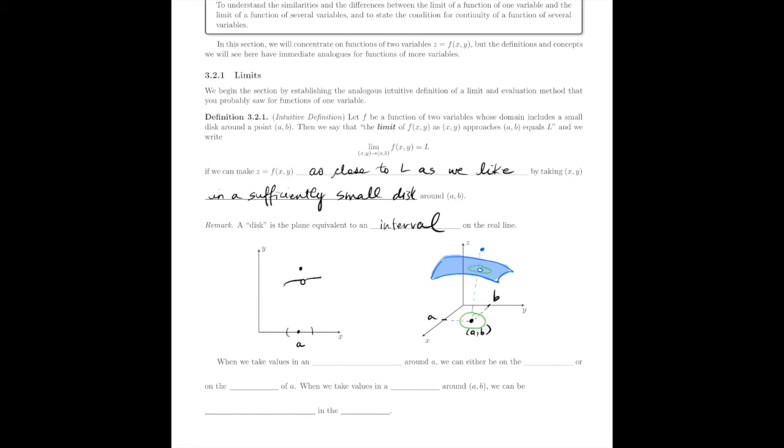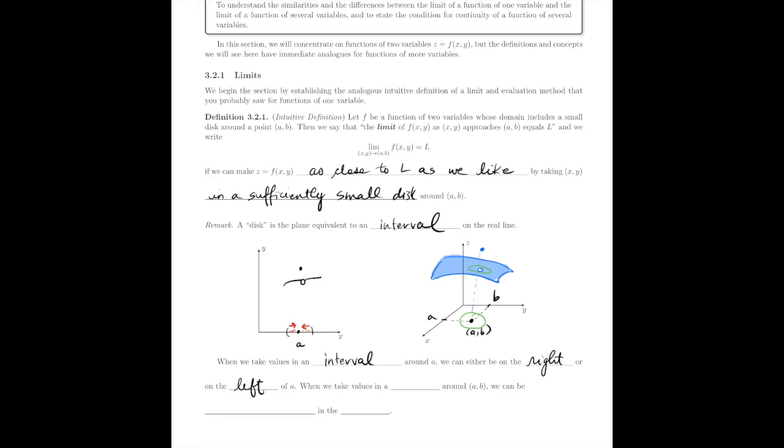When we take values in an interval around A, we can either be on the right or on the left of A. As you might remember, you can take your values on the left or on the right, which means that you are approaching A on the left or on the right.